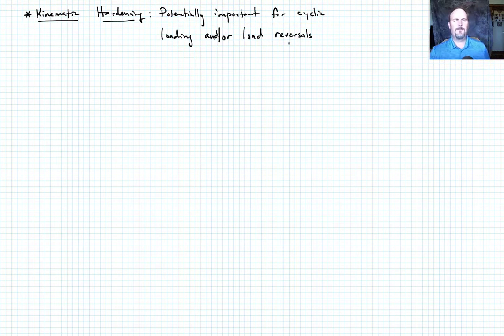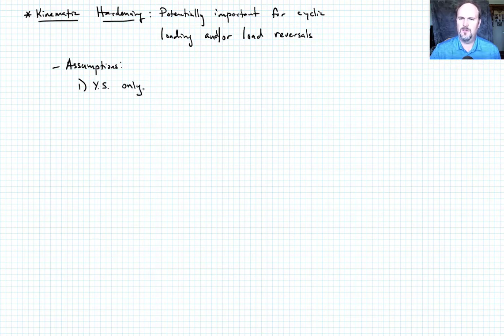What assumptions do we have for kinematic hardening? So here are our assumptions. Number one, the yield surface only translates in stress space.